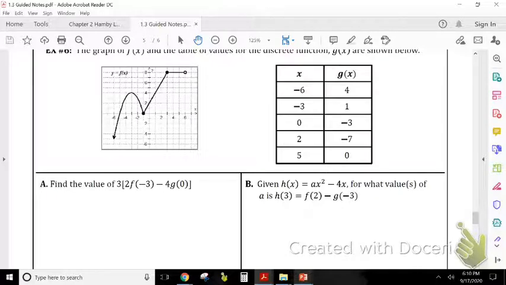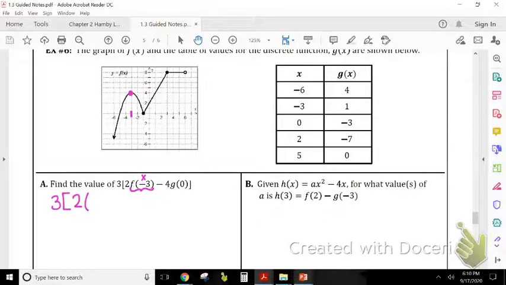We have 3. Remember that bracket's just like a big parenthesis, okay? And it's 2 times, what is f of negative 3? Well, remember, this is f of x. So it tells us we're going to go to our f function, so that's the graph, and we're looking when x is negative 3. So when x is negative 3, I can see right there that the y value is 4.